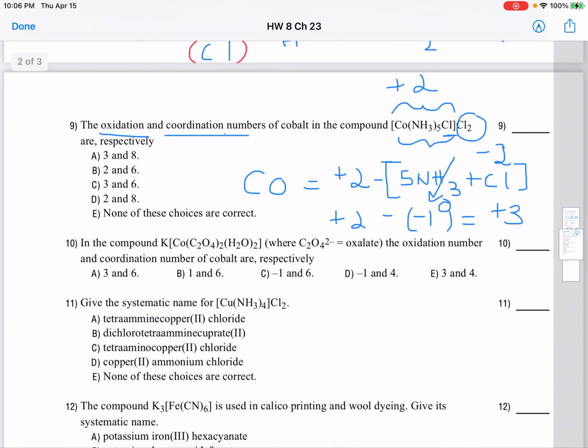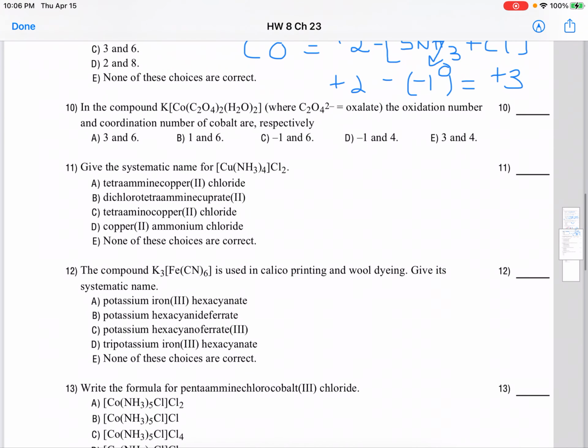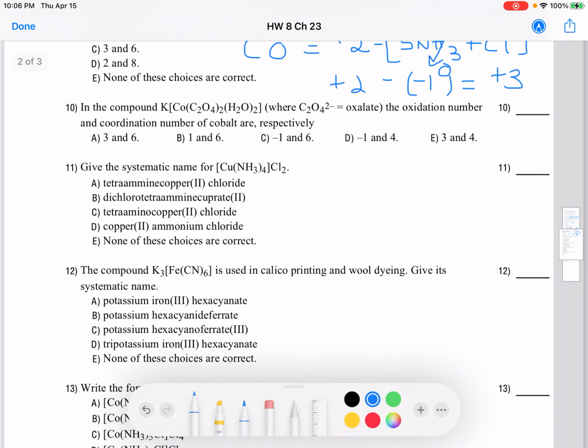Number 10, in the compound potassium, a simple cation, and then you have cobalt with oxalates and water. So C2O4 is oxalate and there are 2 of those. We want to find out the oxidation number and the coordination number. So let's see how this complex looks. So cobalt in the center and then the C2O4.